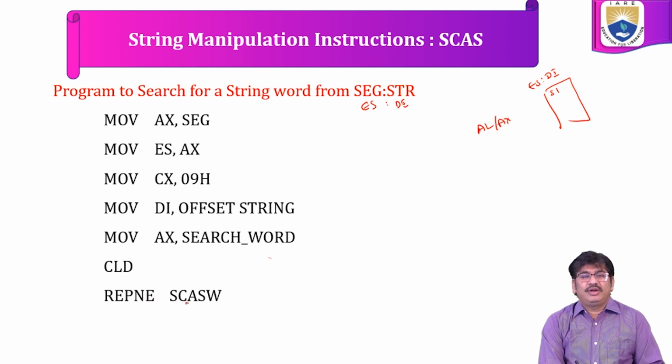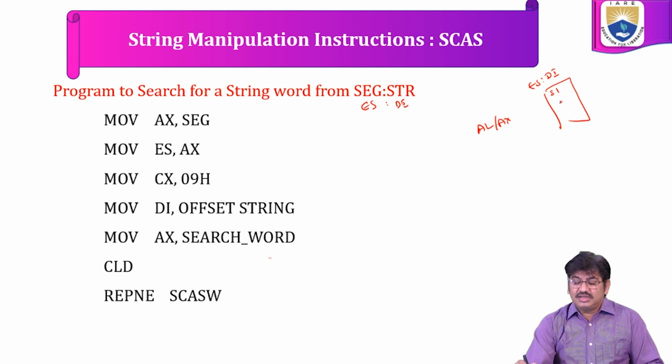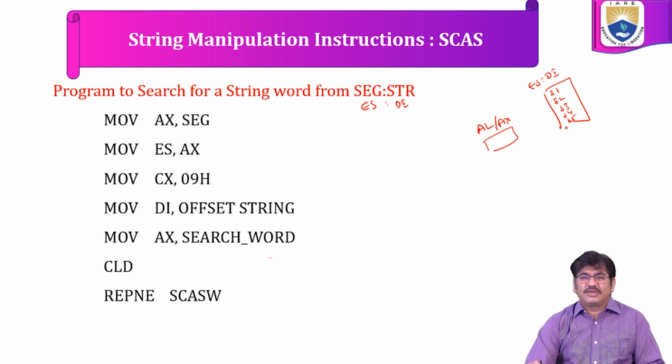The scan will be repeated only if they are not equal. Whenever they are equal, the condition fails and it will come out of the loop. If AL or AX contents are not found in any memory location, then it will proceed till CX is equal to 0.